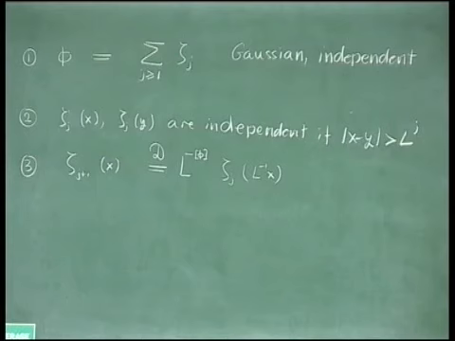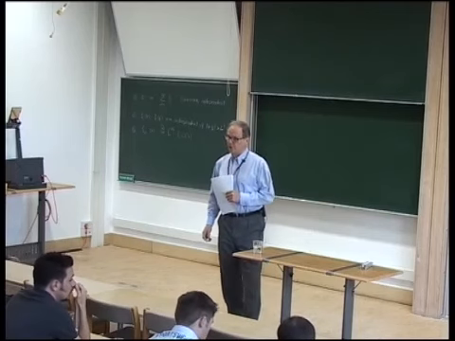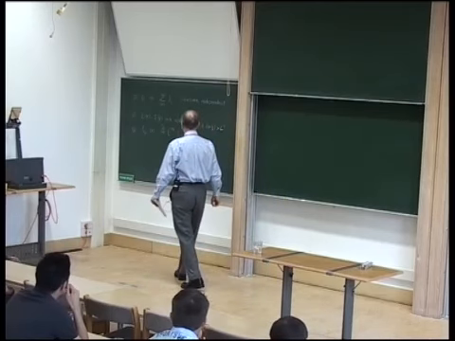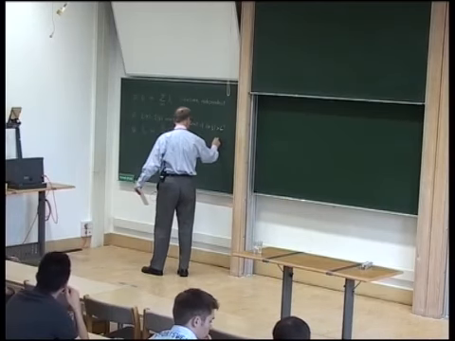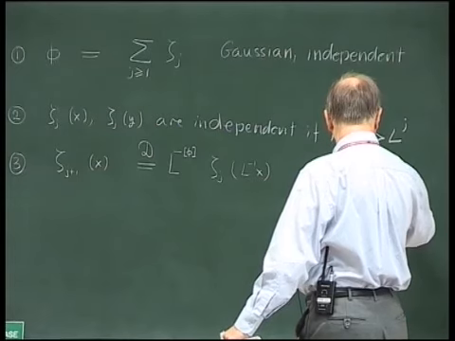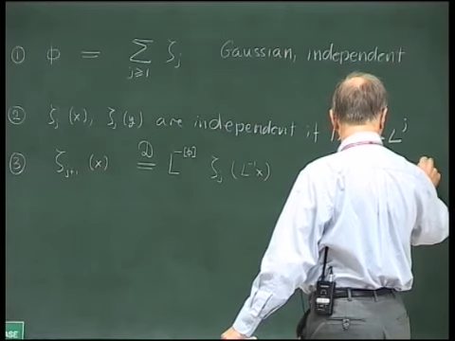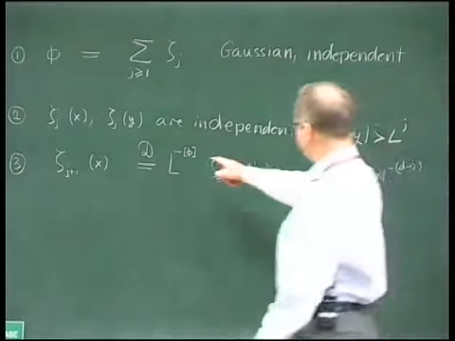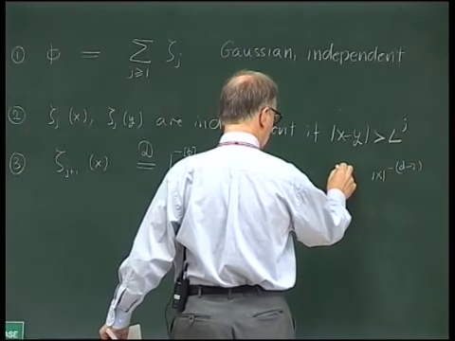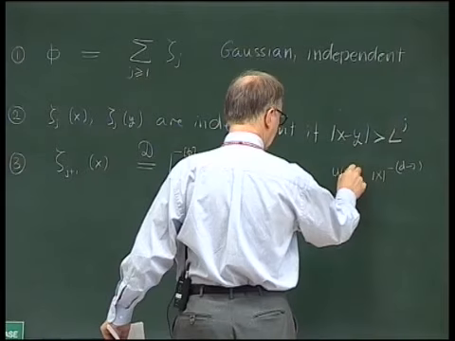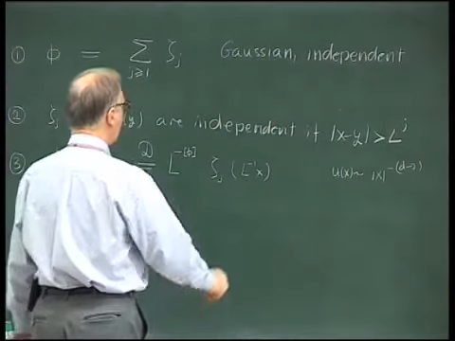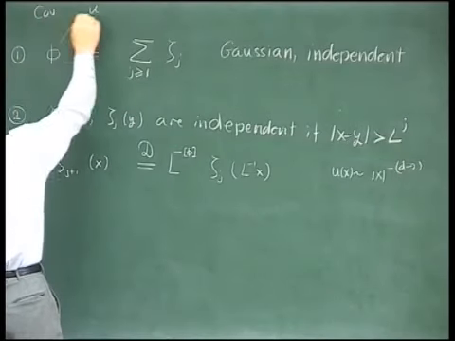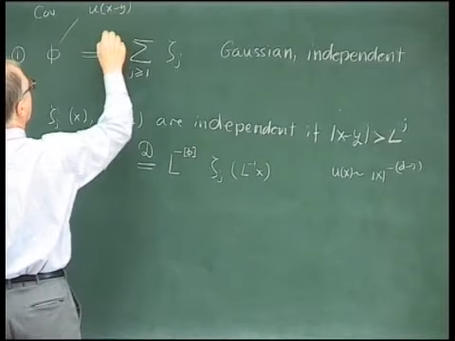So if the Green's function, or the covariance of the field phi, falls off as a power minus d minus 2, then the dimension here, so if the covariance of the phi field, so this guy has covariance u of x minus y.